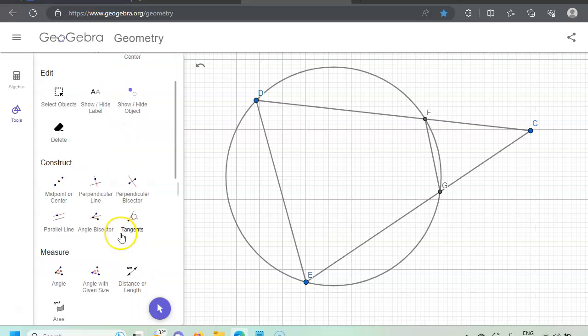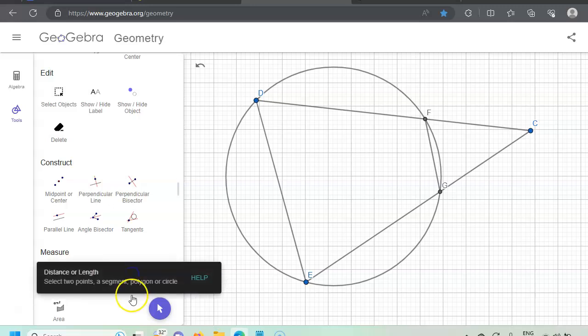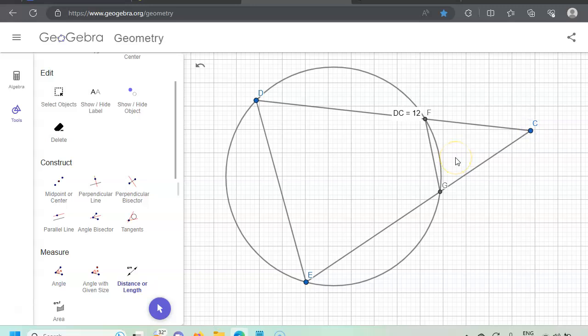So let's measure. So click on distance and then click on D and C. So DC is 12 and then FC is 4.6. And then EC is 11.7 and then GC is 4.7.